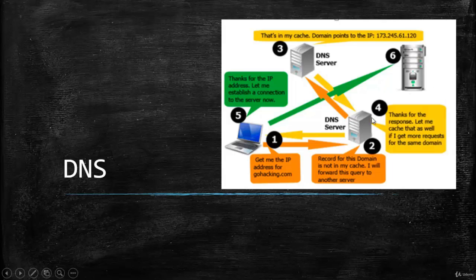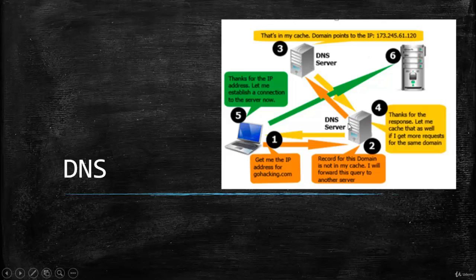So this server sends the query to the upper level, the top level domain for the gohacking.com website. So you can see step number 3, yes, that's in my case, and the domain points to the IP 173.245.61.120 and returns the query.